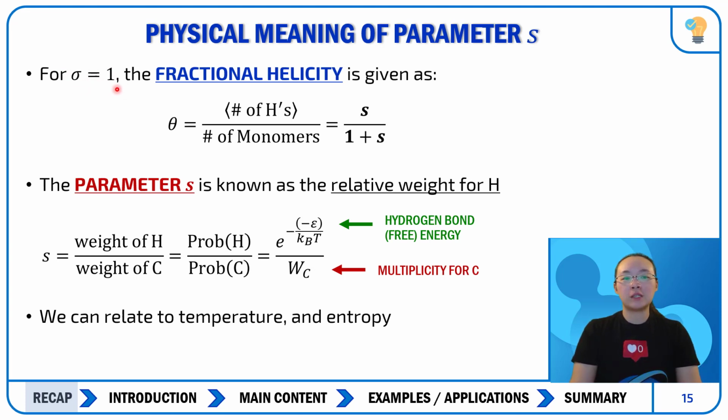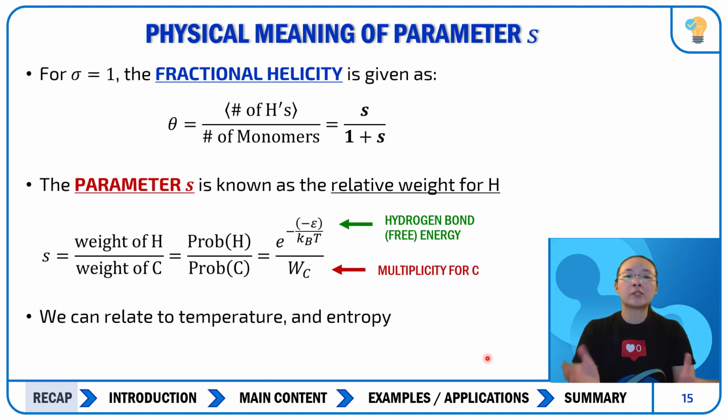So if sigma is equal to 1, the fractional helicity is given as S over 1 plus S. So we consider S the relative weight of H. And that means S can be calculated by the weight of H divided by the weight of C, because C was our normalization factor. So then you can get something along these lines, and note that the probability of H can also be rewritten as this term, which means we can relate it to temperature and entropy.